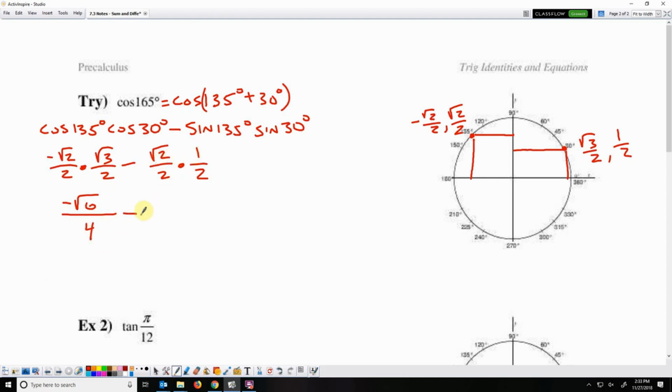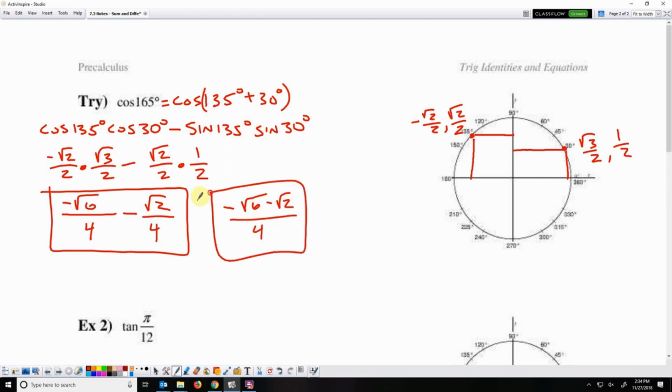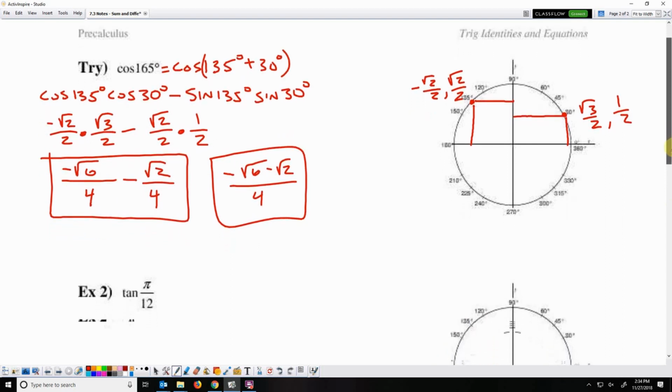Minus root 2 times 1, 2 times 2. And again, I can write that as negative root 6 minus root 2 all over 4. I can have that backwards, negative root 2 minus root 6 over 4. These are not the only two numbers that I could possibly have used, but whatever numbers I used should simplify to an equivalent of this answer.